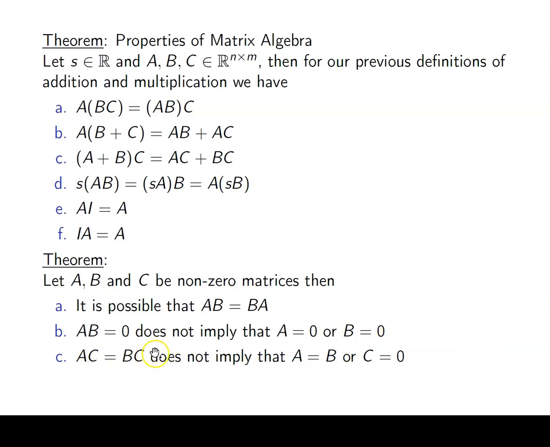Okay, so again, all the rules from regular algebra do not apply. A lot of them do, but even when they do apply, they apply with restrictions. Left and right hand multiplication are different. And the other properties that apply from standard algebra do not always apply to matrices, right? But we do matrix algebra.